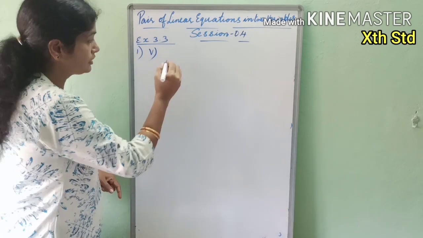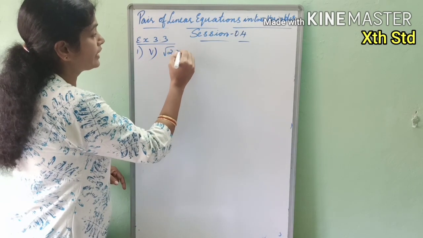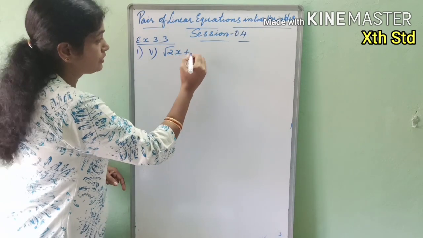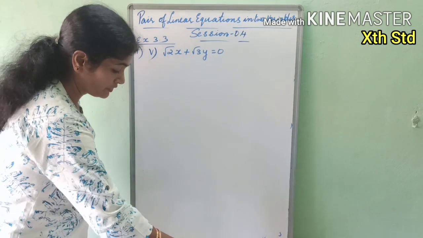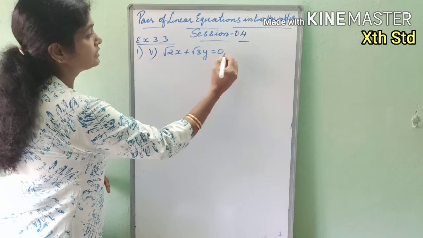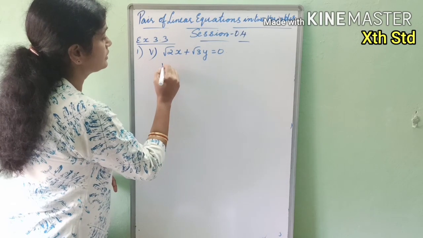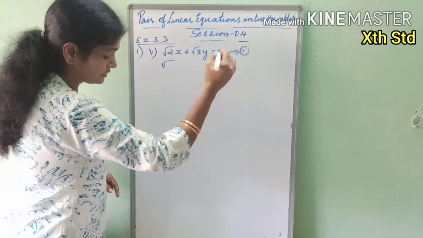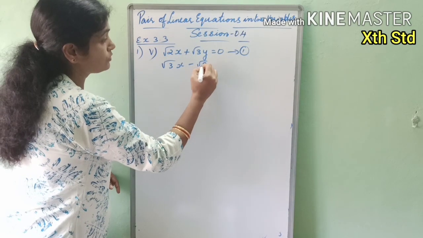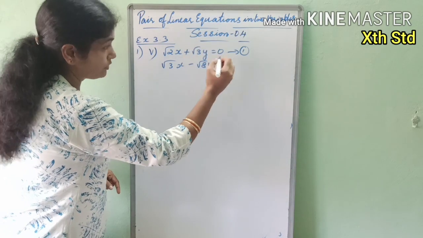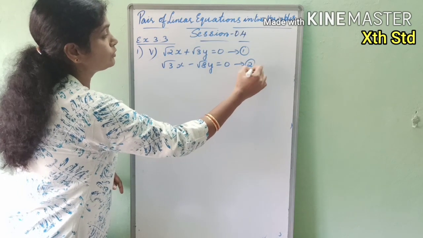Fifth one. The question is root 2x plus root 3y equal to 0, and this is equation 1. Then root 3x minus root 8y equal to 0, your equation 2.